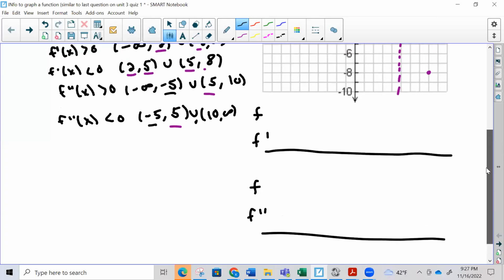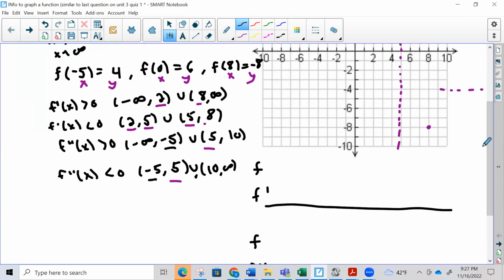So for the sign chart, we're going to put the x values for where my derivative is changing. So we know that the derivative is greater than 0, so again, this means it's positive from -infinity to 2 and 8 to infinity. And then it's less than 0, or negative, from 2 to 5 and 5 to 8.